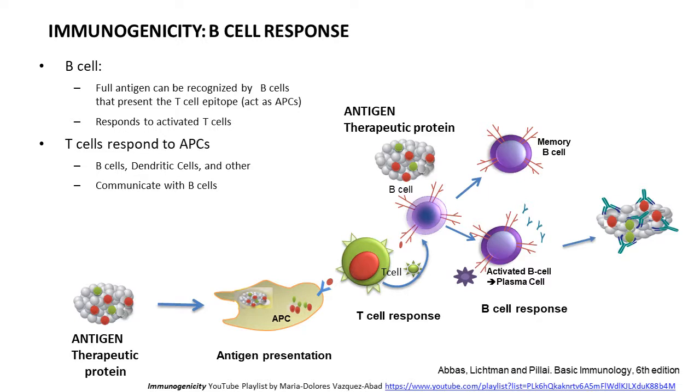Or if it's a secondary response where these antibodies will always be there and will always be secreted whenever there's new exposure to the antigen. So the B cell response to the drug is what we know as the anti-drug antibody induction.